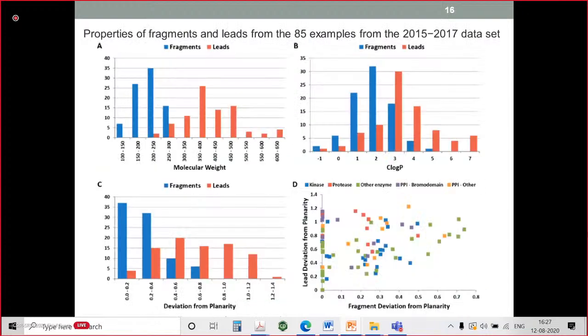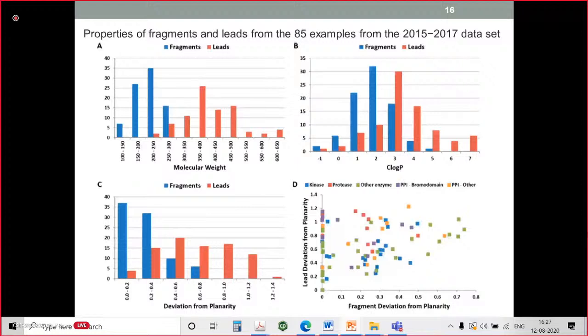This was recently evaluated and published in the Journal of Medicinal Chemistry, looking at what actual properties are carried by the fragments or the lead molecule.